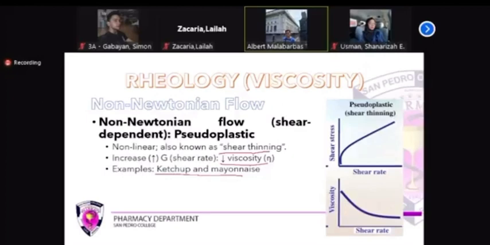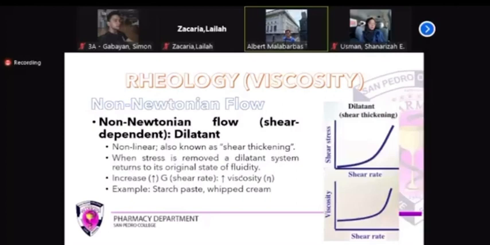Dilatant, also known as shear thickening, is the opposite of pseudoplastic. If you increase the shear rate, your preparation thickens more, for example starch paste and whipped cream. They are dilatant.